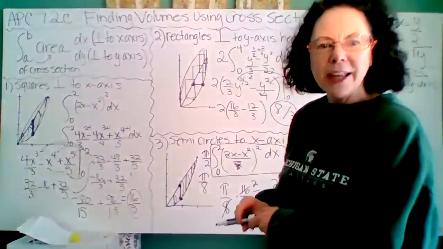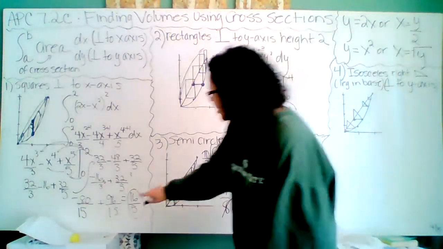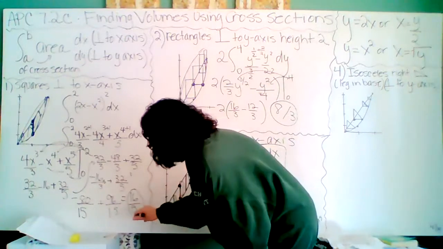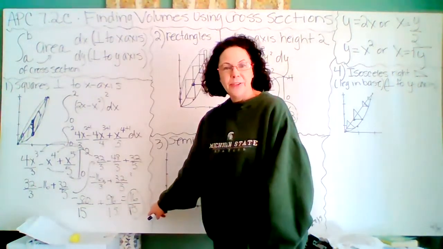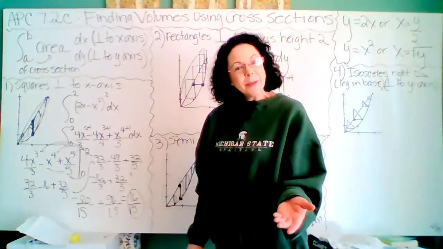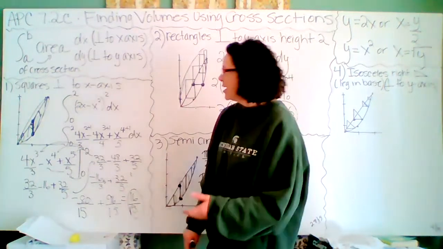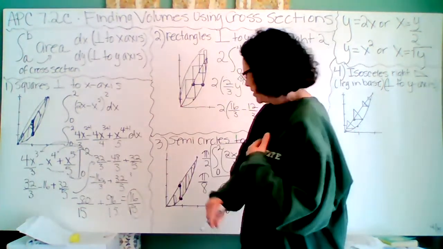All right. I felt like I made a little mistake somewhere, and I did. That's why I paused. Take a look here. Negative 80/15 plus 96/15 was 16/15. Isn't it amazing how we can do all this and then make these silly little mistakes? So in case you're like, uh-oh, that was 16/15ths, not 16/5.